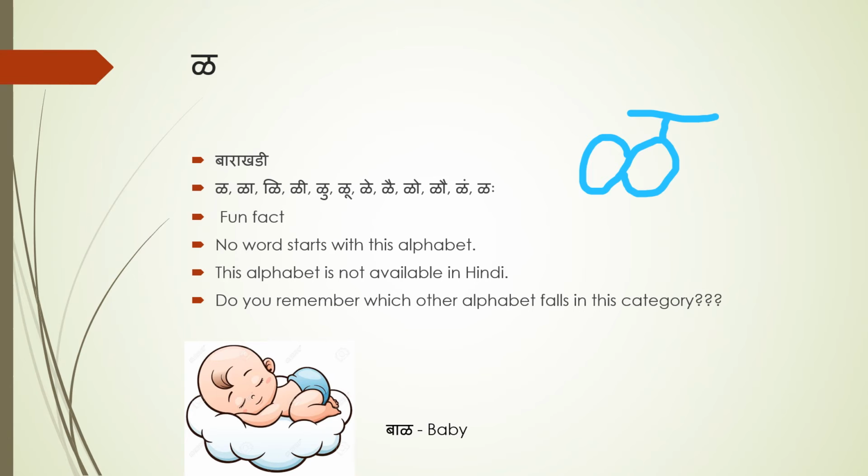That makes R. Another fun fact about R is that there are no words that begin with this letter. Do you remember we learnt N, which also has a similar characteristic, that there are no words beginning with N. Similarly, there are no words beginning with R. It often finds itself in the end of the word or in the middle of the word. An example of R is Bal, a baby.